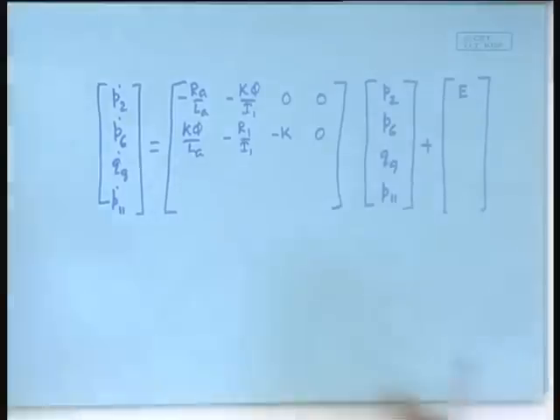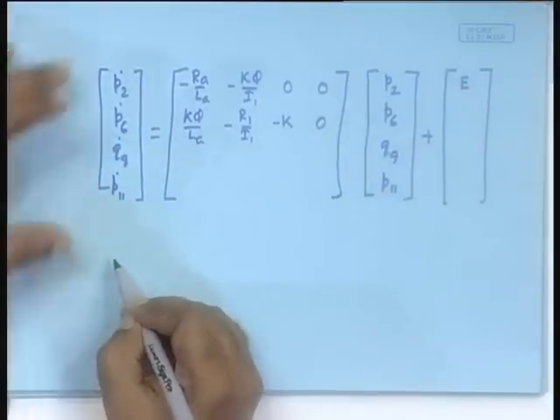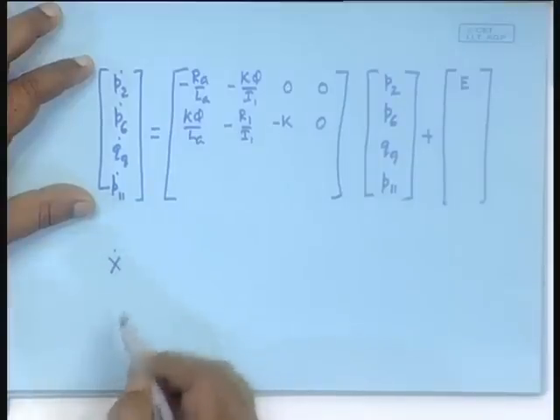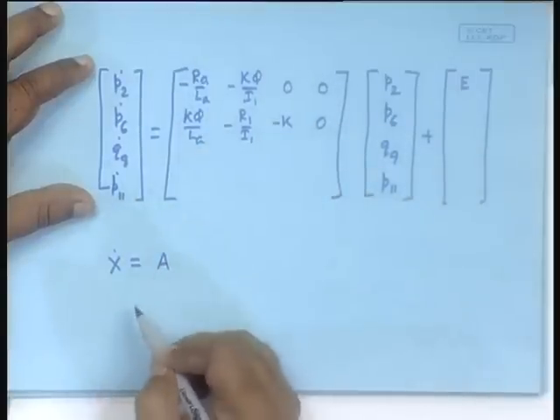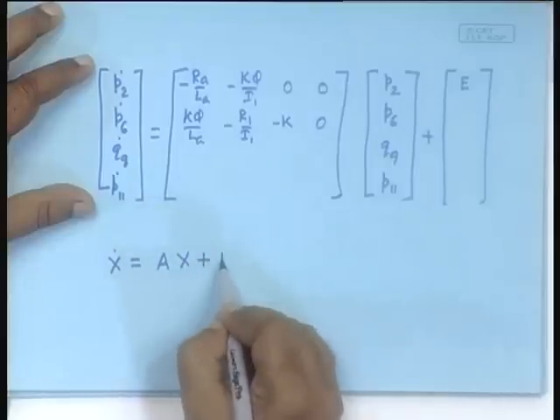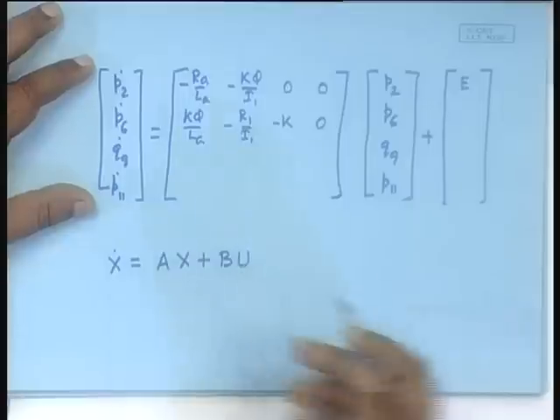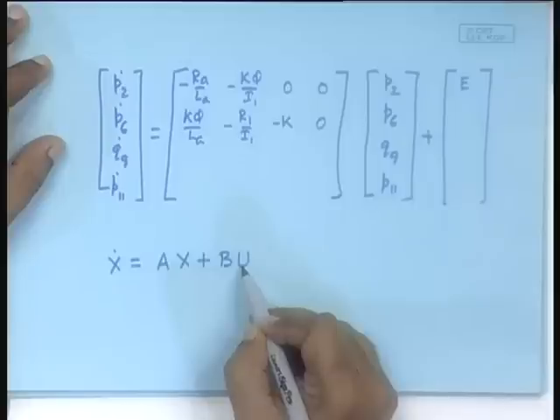Clear? Make it a habit: whenever the equations are obtained in linear form, always give the final thing in matrix form. This will be the vector of state variables, say x dot is equal to A times x, where A is called the A matrix, plus B u, where u is the externally applied force.